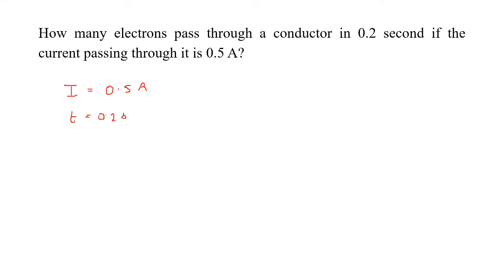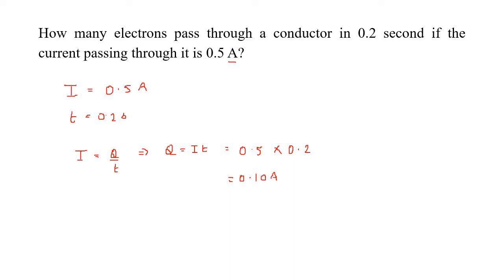From the formula I is equal to Q upon T, we get Q equal to IT. The current is already given in ampere and time in seconds, so we do not have to convert into SI units. So 0.5 times 0.2 is 0.10.